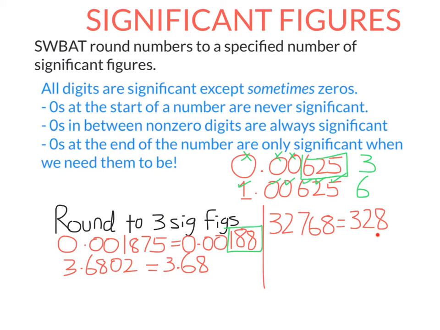I don't want to just write 328, though, because that number is nowhere near 32,768. So what I'm going to do is change these last 2 digits into zeros. So 32,768 to three significant figures is this. Here, the 3, the 2, and the 8 are significant figures. These two zeros at the end are not significant here.